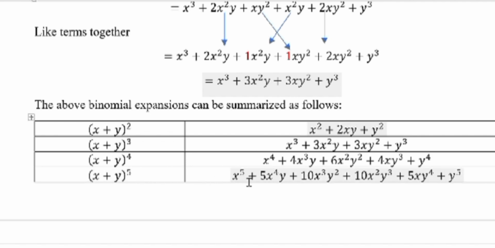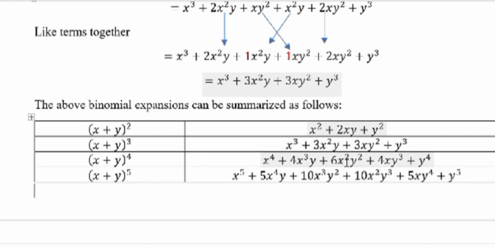I've said here y is absent. Why is it absent? Because it's actually y raised to power 0. And we know that anything raised to power 0 is 1. So that means actually y is here, but it's raised to power 0. And we know y raised to power 0 is 1. So it's like it disappears, because 1 times x raised to power 5 will remain x raised to power 5.